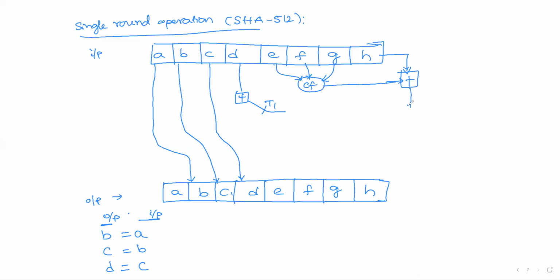The output of this again undergoes addition modulo 2 power 64, but now another operand is some rotation operation applied on E. This is another input. Then the output of this addition modulo 2 power 64 will be given as input for one more addition modulo 2 power 64 with another input, Wi.